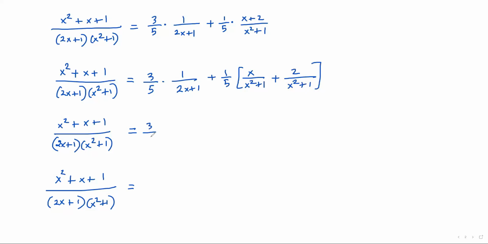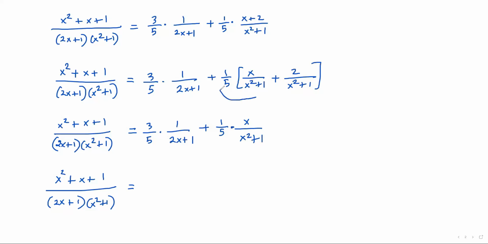Okay, so 3 over 5 times 1 over (2x plus 1) plus. So I'm going to distribute this 1 over 5 to this one. It will be 1 over 5 times x over (x squared plus 1).